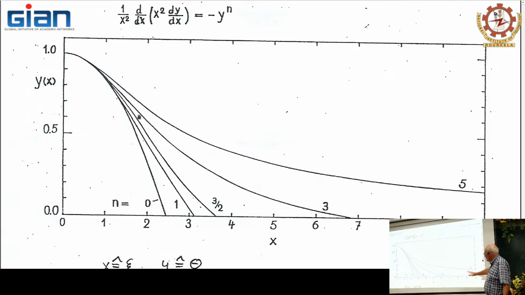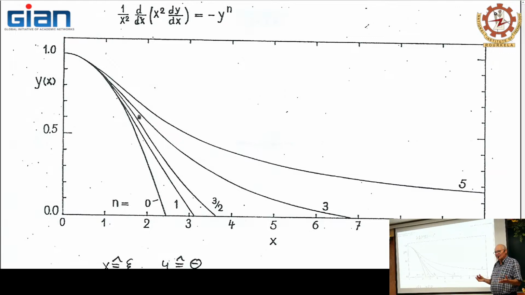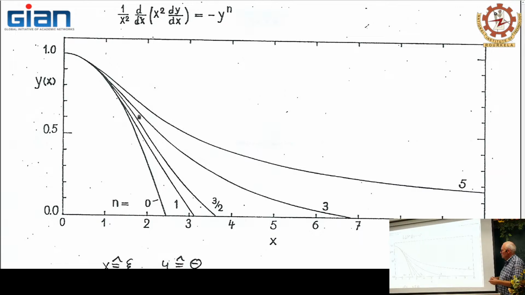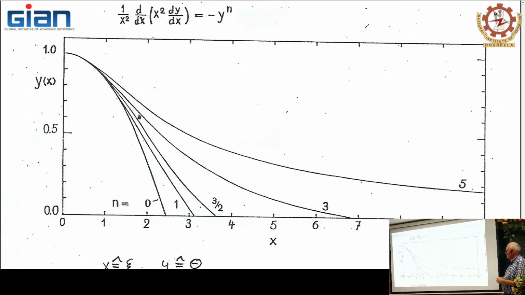The first zero of this function, because we cannot interpret negative values of the function theta, we cannot interpret negative densities. So as long as theta is positive in this solution, then we can interpret this as the structure of the star, and the first zero in this picture will be the radius of the star in terms of the normalized radial variable psi.